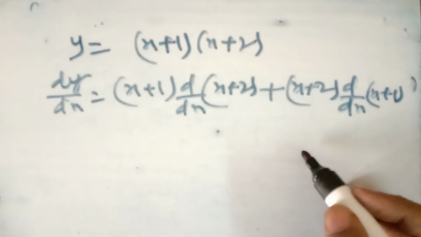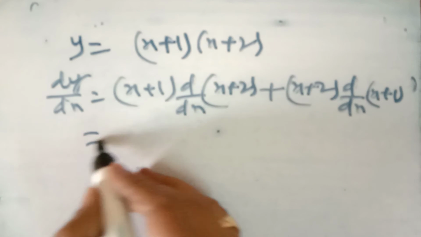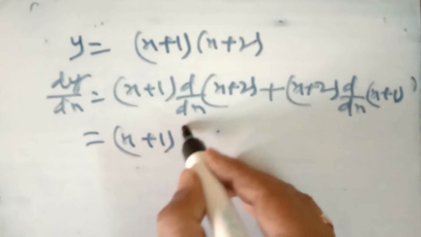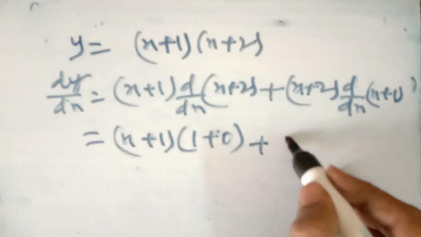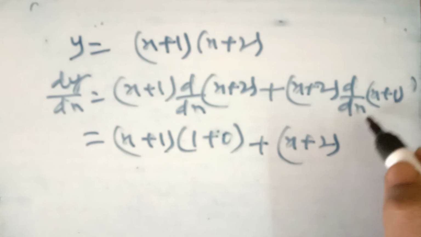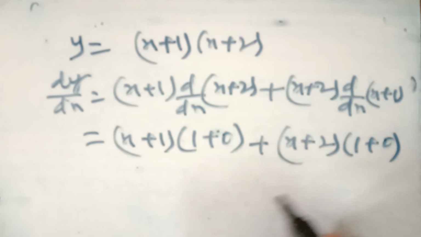In case of quotient, you have to find the derivative of the numerator first. So again x plus 1, derivative of x plus 2 is 1 plus 0, x का डेरिवेटिव 1 और 2 का डेरिवेटिव 0, plus x plus 2, derivative of x plus 1, x का 1 और 1 का डेरिवेटिव 0. And open the bracket and simplify as far as possible. So this is the derivative of the function by using the product rule.